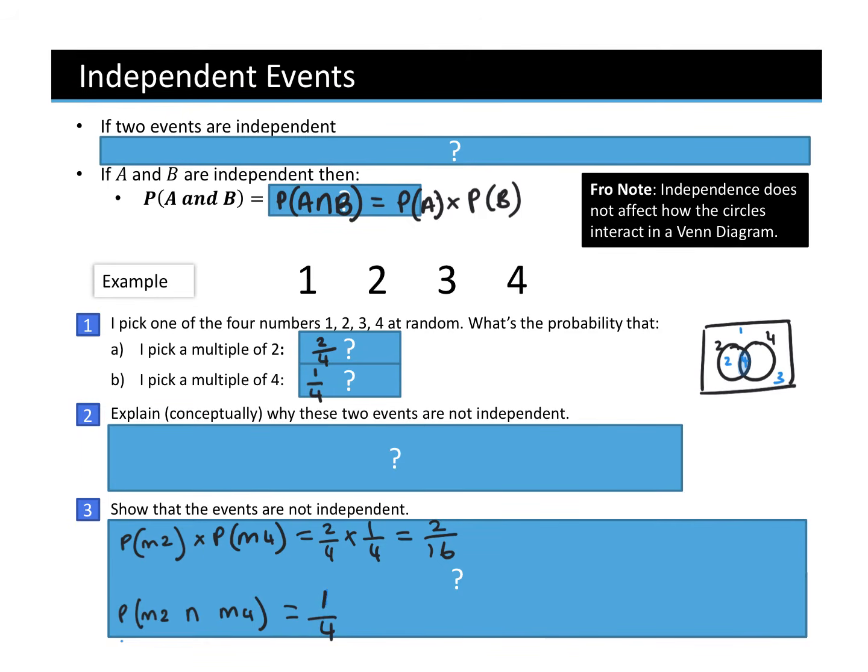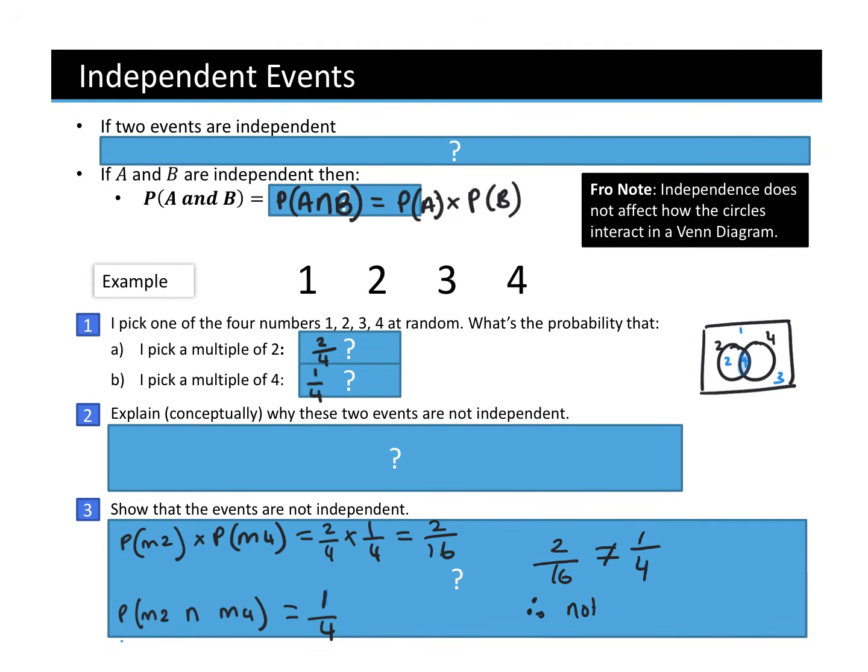So we've shown that these events are not independent because if they are independent, the probability of A intersection B will equal the probability of A times the probability of B. Does 2 over 16 equal 1 over 4? It does not equal 1 over 4.